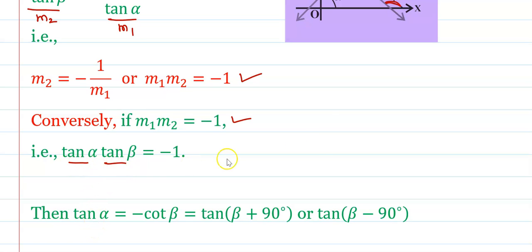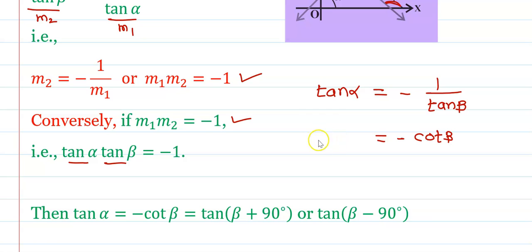Now see here, we can write tan of alpha is equal to, now transfer this tan beta to the right hand side. As it is multiplicative, it will become divided. That is equal to minus 1 upon tan of beta, which is nothing but minus cot of beta.